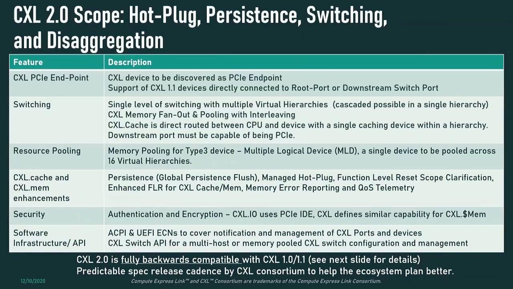We want to have also predictable spec release cadence. As Ahmad was mentioning, we released the 2.0 spec in response to membership needs. And again, 2.0 is not the end of the journey. We are working on 3.0. So we take the right amount of scope and we deliver things within the time that our membership wants, so that way they can plan their products better. Next slide.